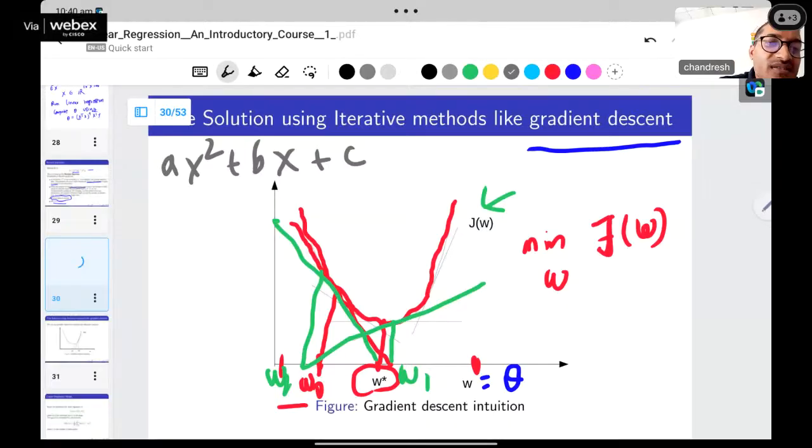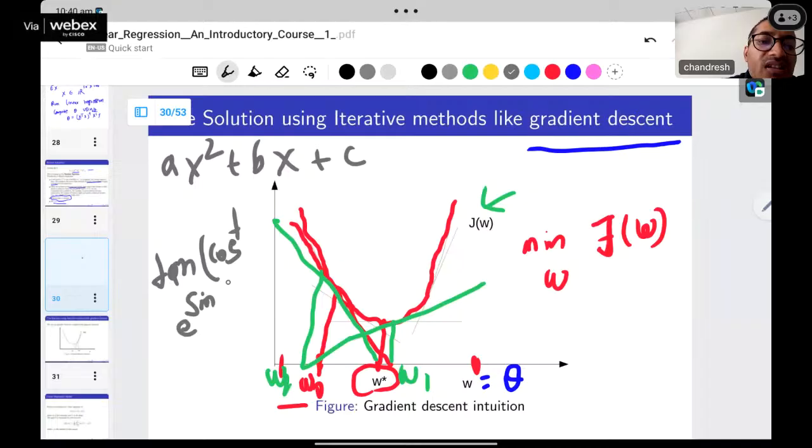How about this one? Let me write one function. I'm asking how to compute tan of cos inverse, then e raised to the power sine of log square x, something like that.